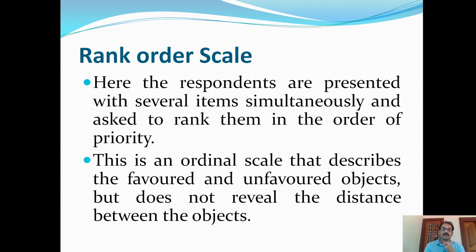This is an ordinal scale that describes the favored and unfavored objects but does not reveal the distance between the objects. So rank order scale is an example of ordinal scale. What is the reason? Because it describes the favored and unfavored objects, but it does not reveal the distance between these two or three objects.